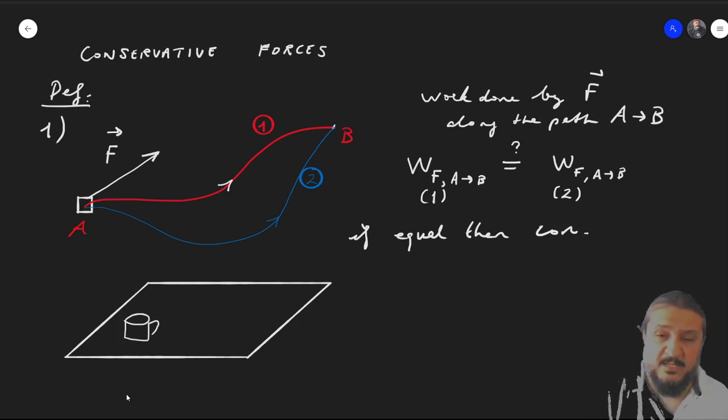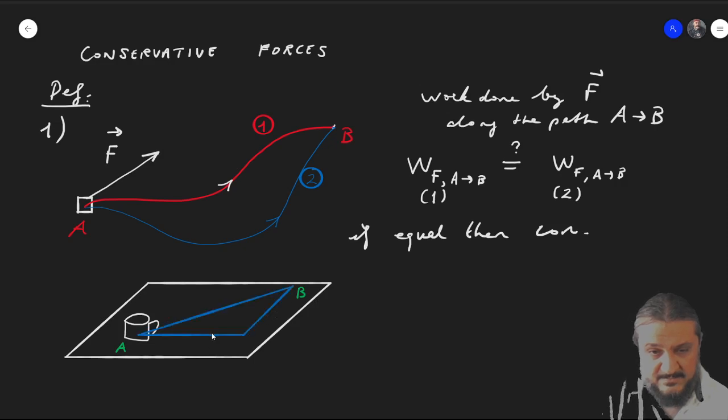We have to push it so that it goes from point A to point B, right? And let's take two paths, one straight and the other one not so straight, maybe like this and then like that. All right, this is our second path and the red is the first path.